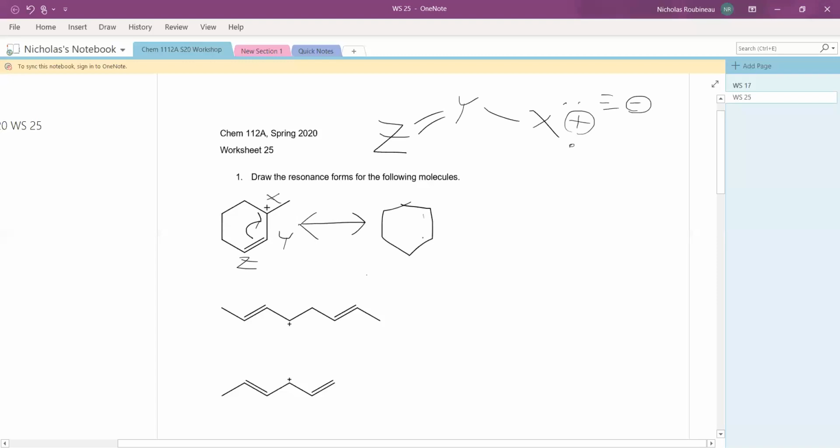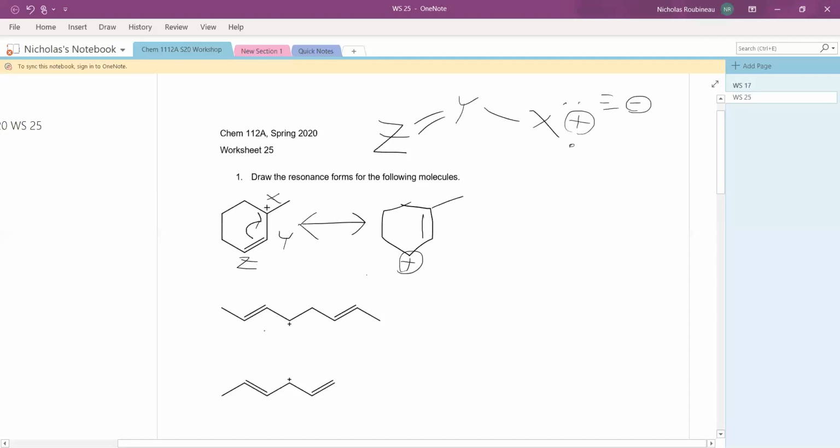So then we have the double bond here and the positive charge over here on the Z atom. So if there's a charge, it usually moves to where the Z atom was. If it was a negative charge, then this would be negative, but it's positive. And it's the electrons moving, not the positive charge, but you can see that the positive charge moved.